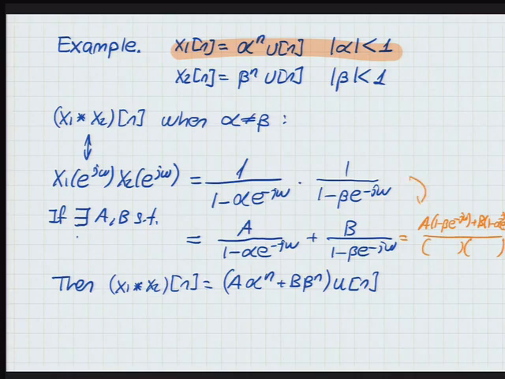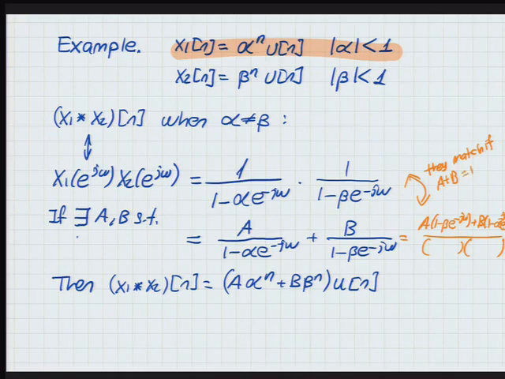So to match them, they match if A plus B is 1, because A plus B is what remains if I ignore e to the negative j omega terms here, right? That should be 1.